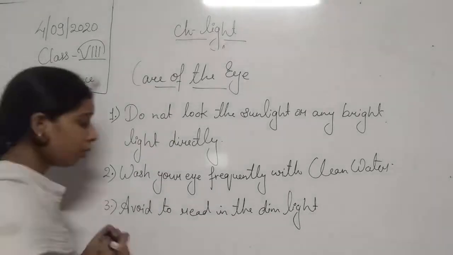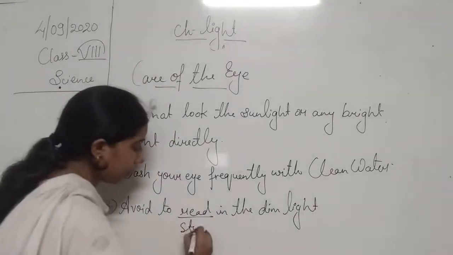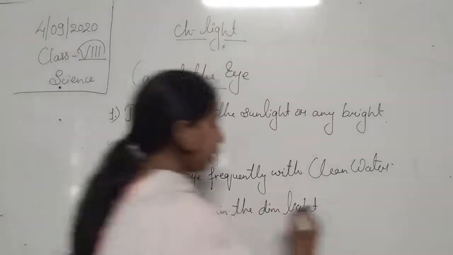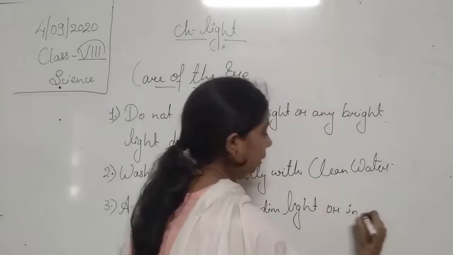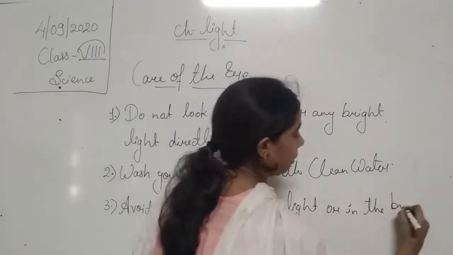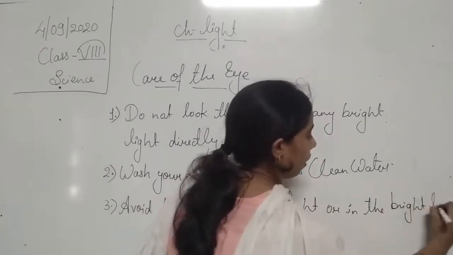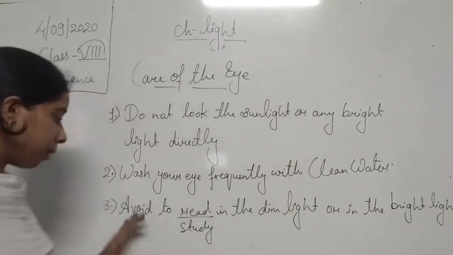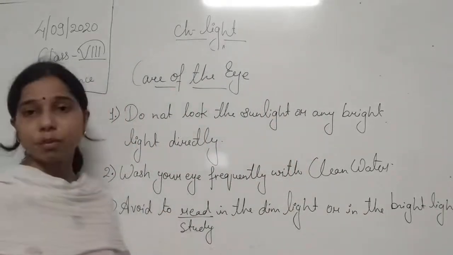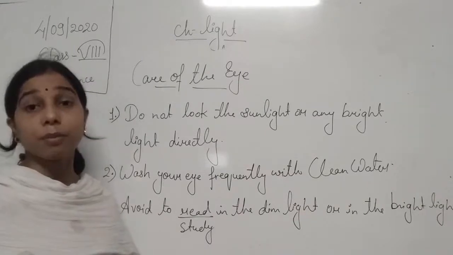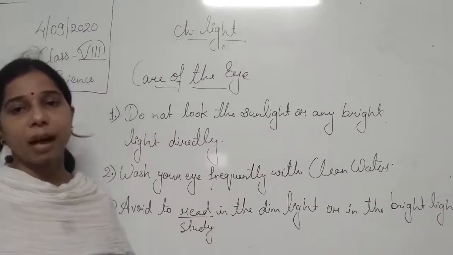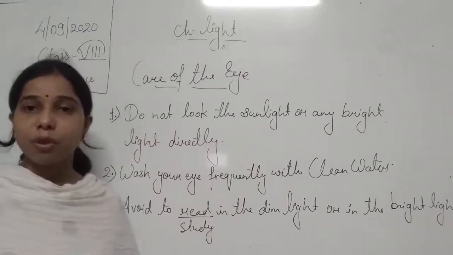We should not read or study in the dim light or the bright light, because it will create tension for us and ultimately hamper the vision of our eye.